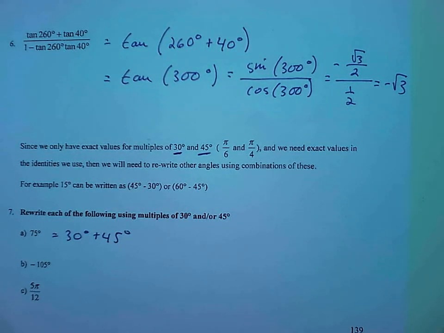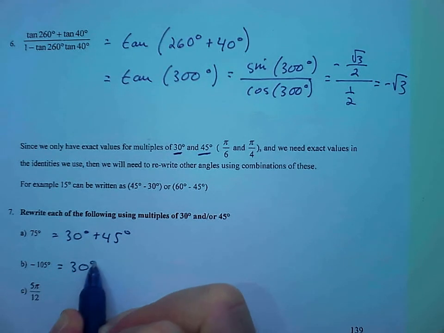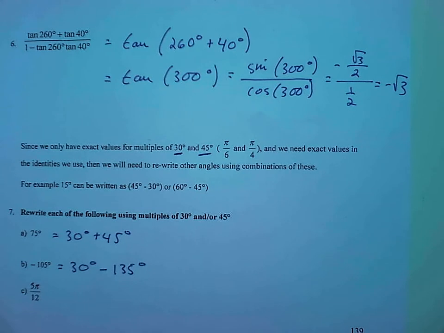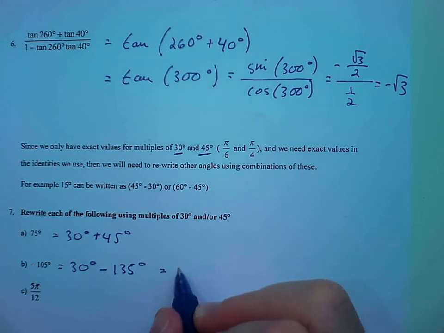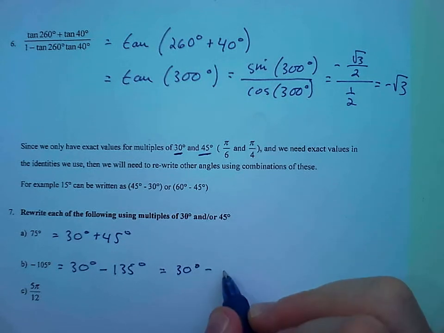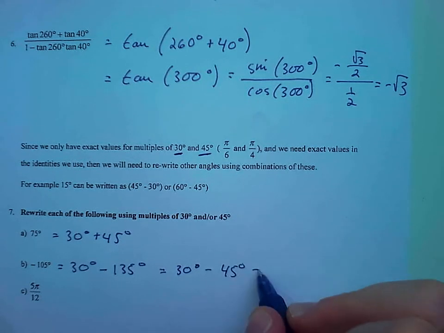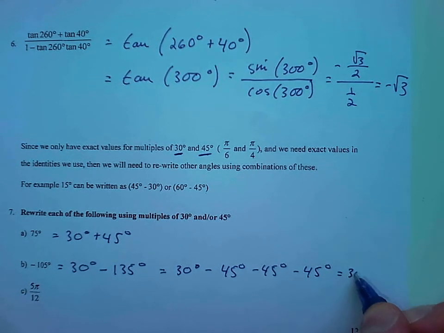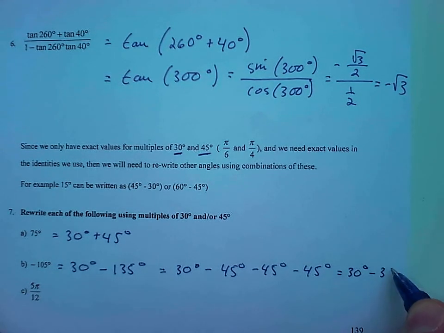And for negative 105 degrees, we can rewrite this as 30 degrees minus 135 degrees. Or simply, we can rewrite this as 30 degrees minus 45 degrees minus 45 degrees minus 45 degrees, which is just the same thing as 30 degrees minus 3 times 45 degrees.